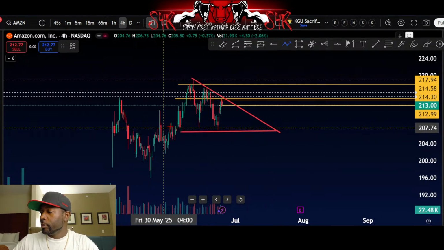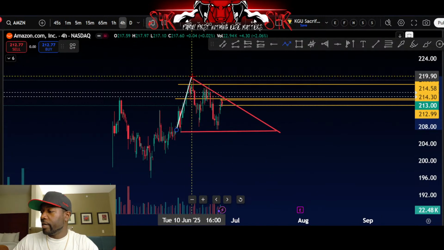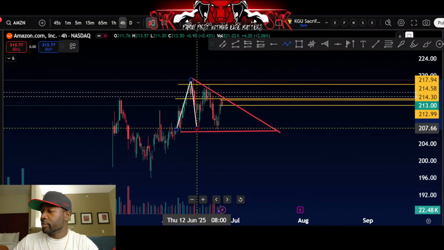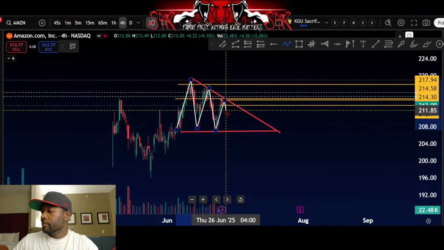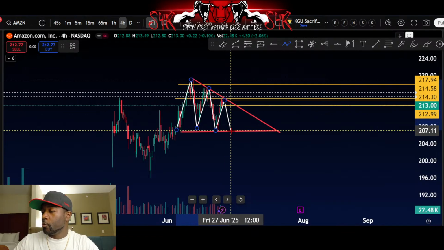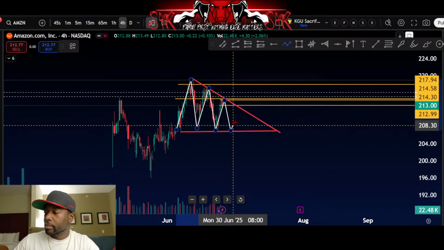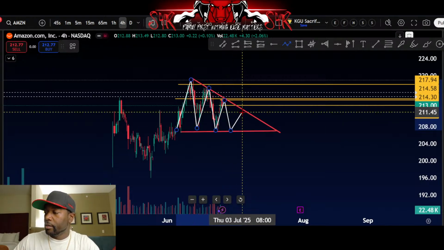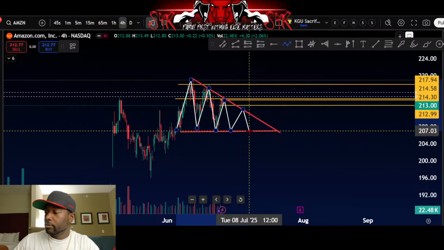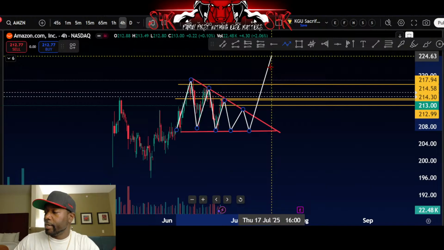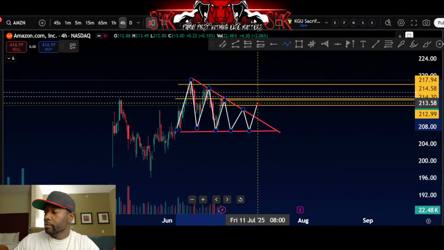So this also helps you identify perhaps your max take profit target. This is kind of how we're moving. So my max take profit target would be 207.11, right? And if this pattern plays out, then we're looking for a breakout or breakdown, okay?